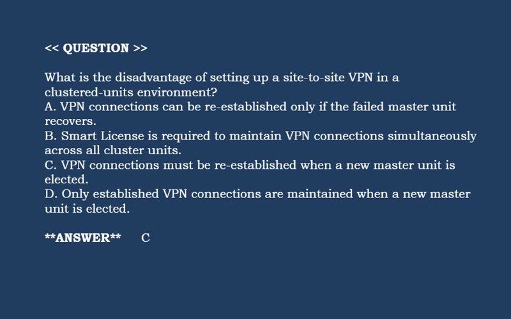Option C. VPN connections must be re-established when a new master unit is elected. Option D. Only established VPN connections are maintained when a new master unit is elected. Correct answer is option C.